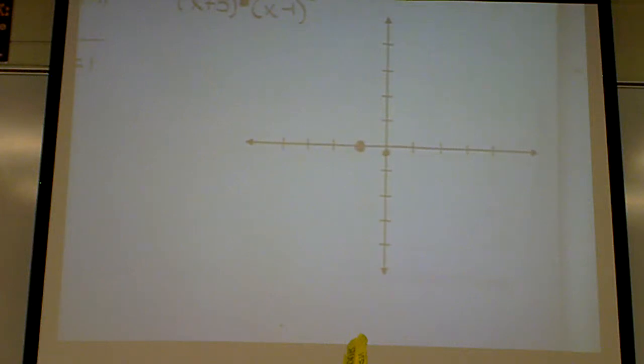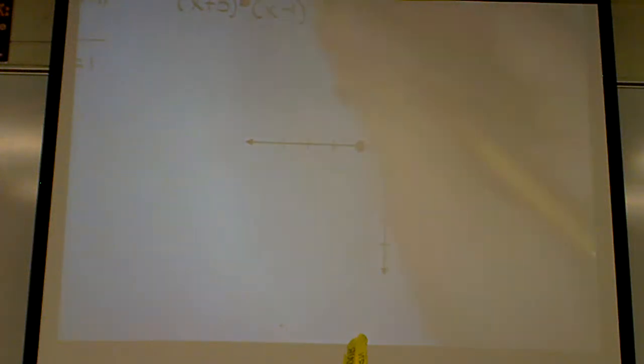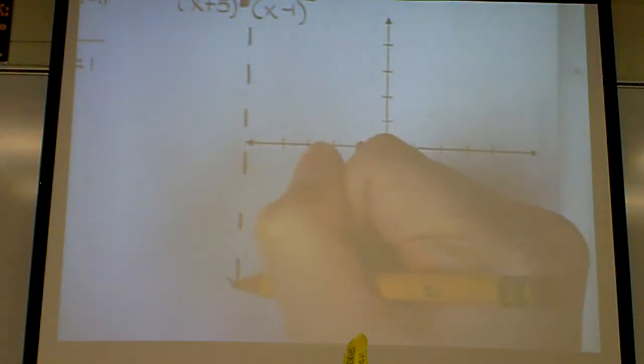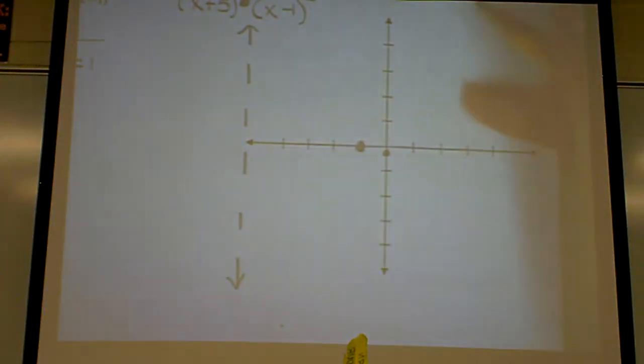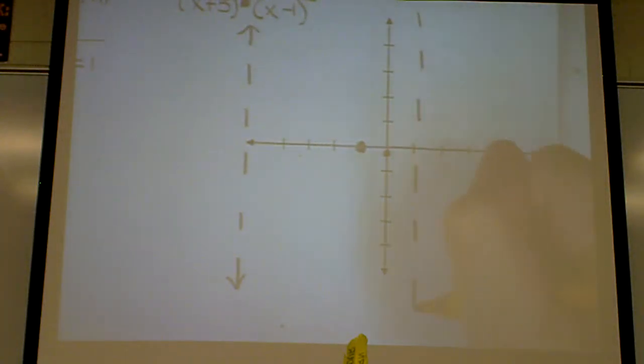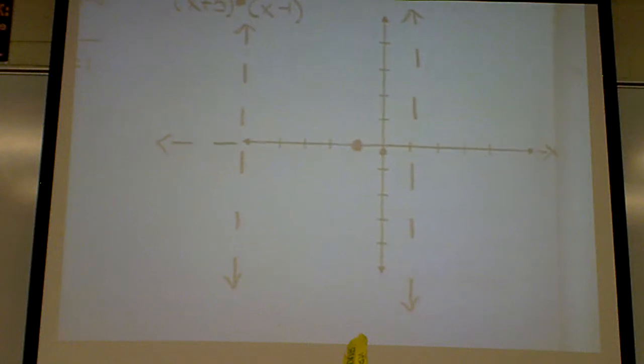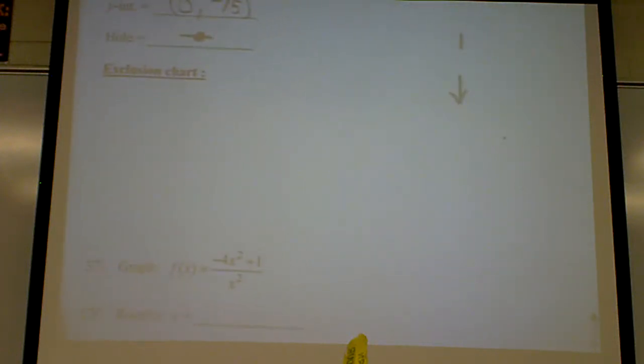And we have some asymptotes at negative 5, 1, and y equals 0. Now let's do our chart.